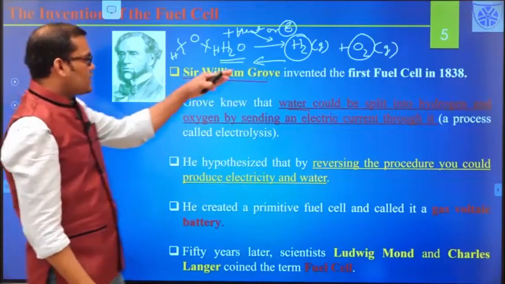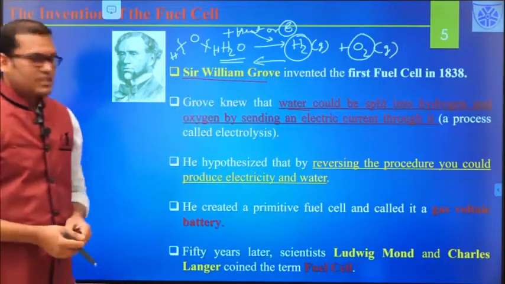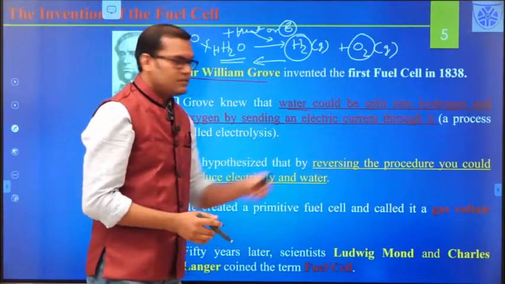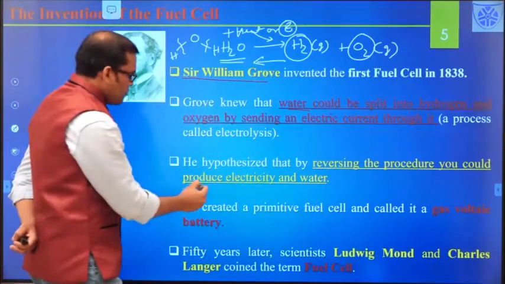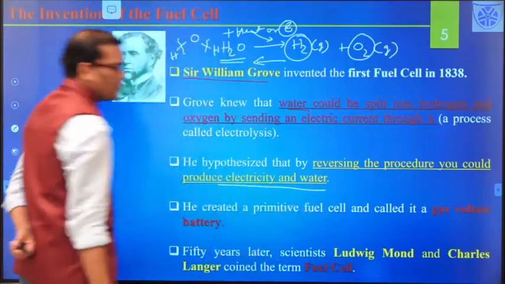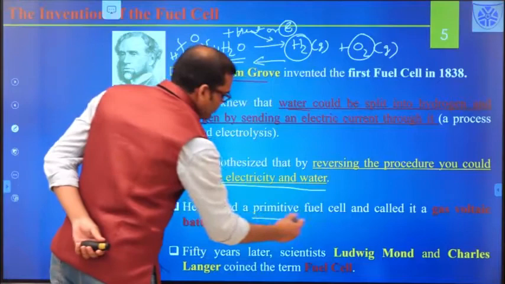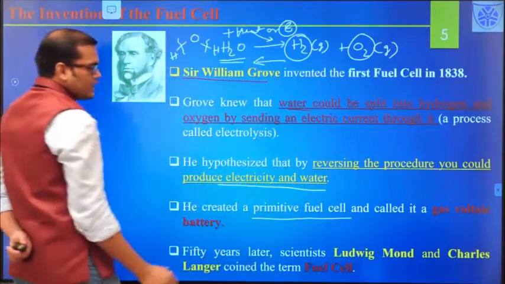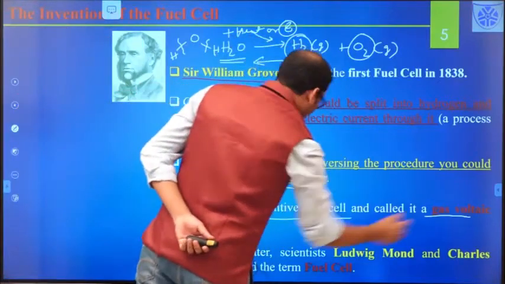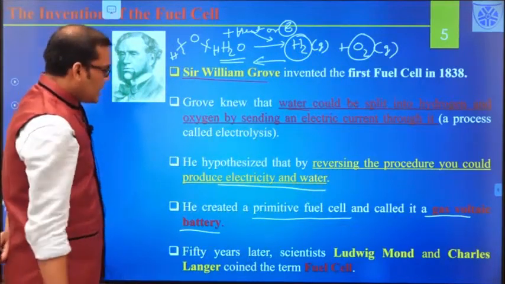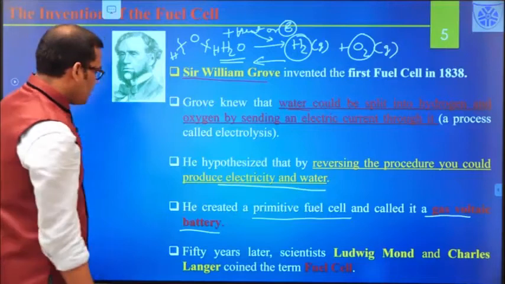So he hypothesized the reverse concept, that reversing the procedure you could produce electricity and water. Then he created a primitive fuel cell and called it a gas voltaic battery, right? Why it is called a voltaic cell, I will discuss later.